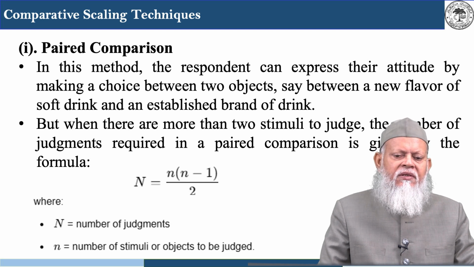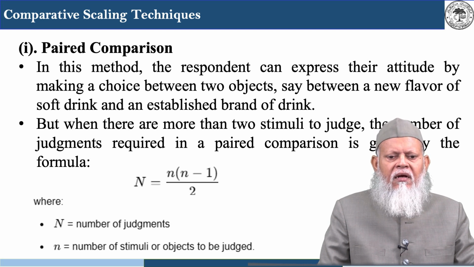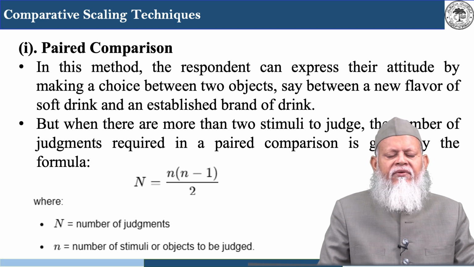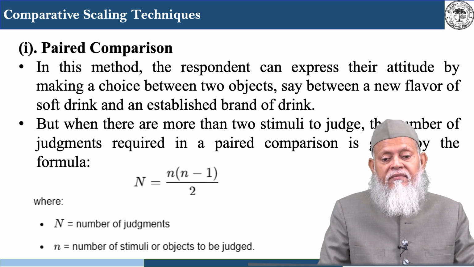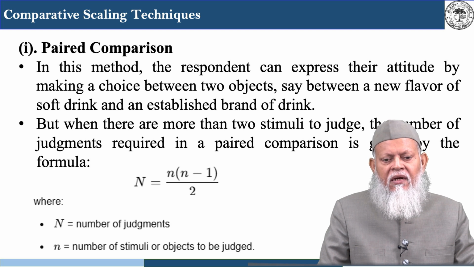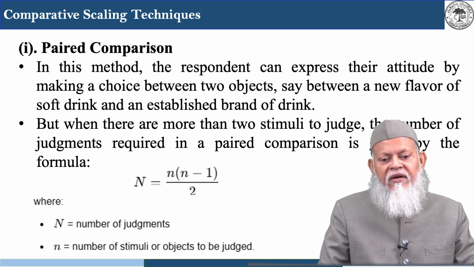So if it is 2, then obviously we can see from the formula that there would be one judgment, whereas if there are 3, then from the formula we find that it would be 3, and if there are 4 objects to be compared, then the judgments would be 6, and that way we go on calculating. If it is 5, then it should be 10.